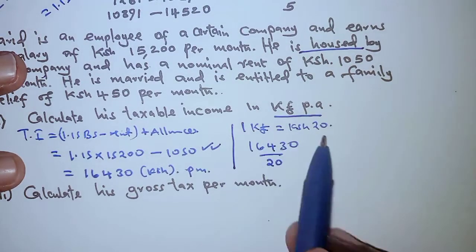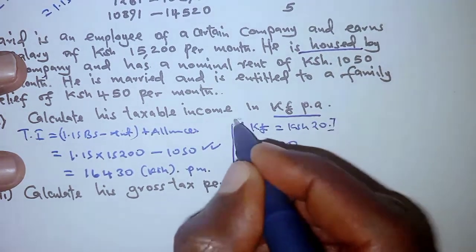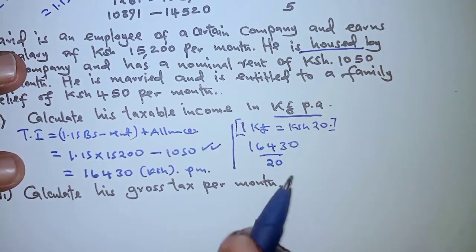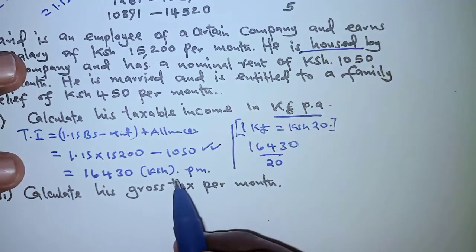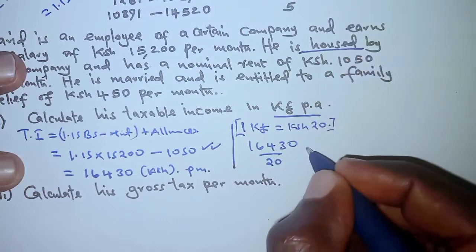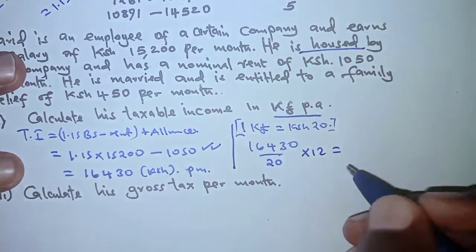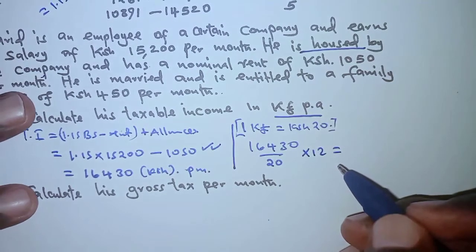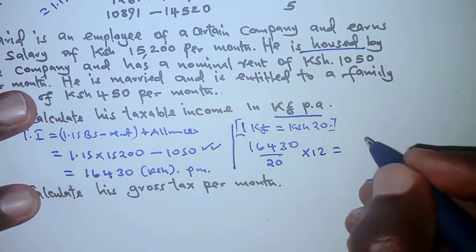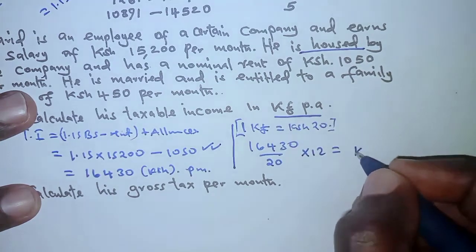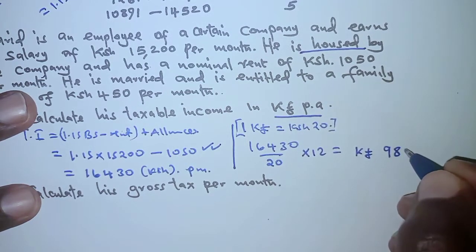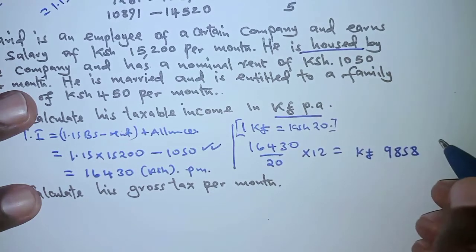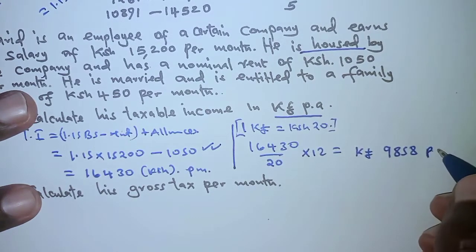That is from this relation here. And then that already is in Kenyan pounds, but because this amount is per month, we'll have to multiply by 12 so that we have it per annum. So working out this bit, we will have in Kenyan pounds 9,858 Kenyan pounds per annum.